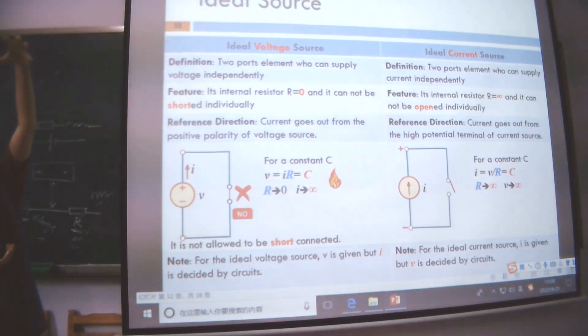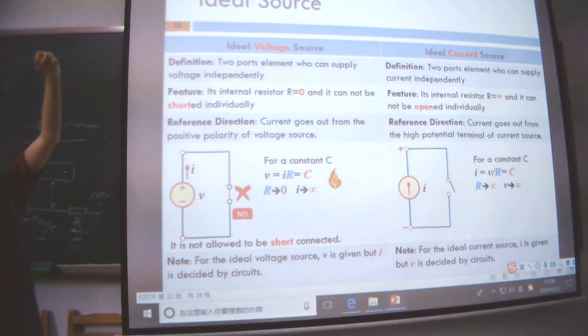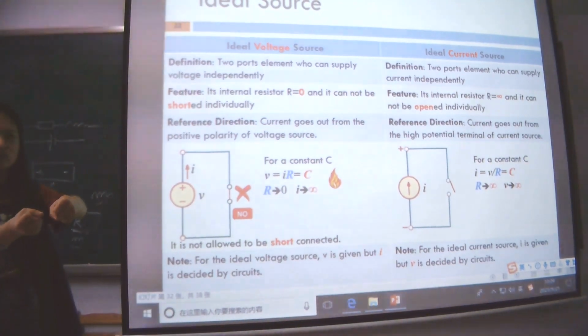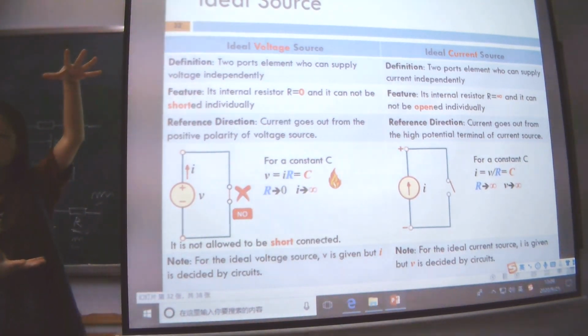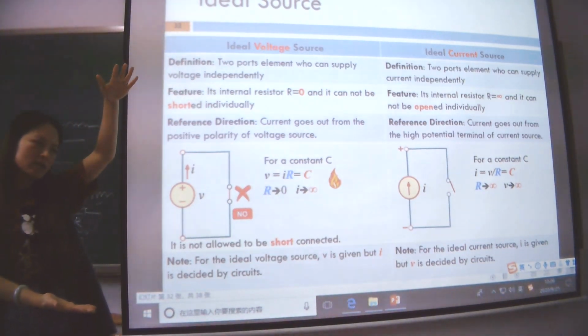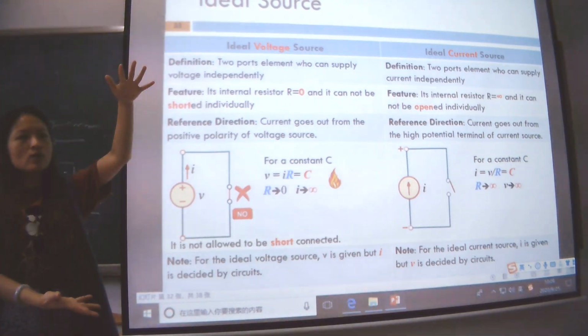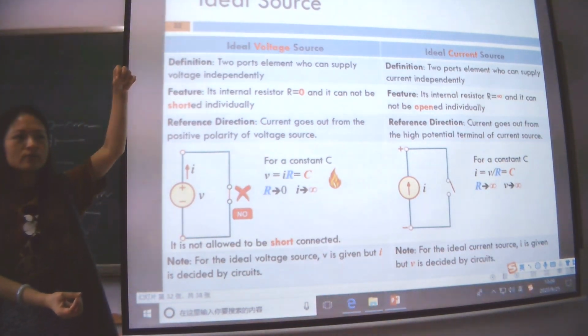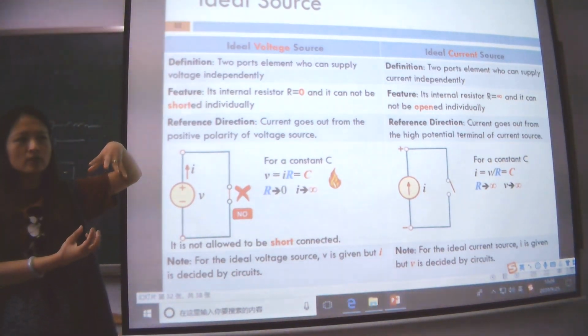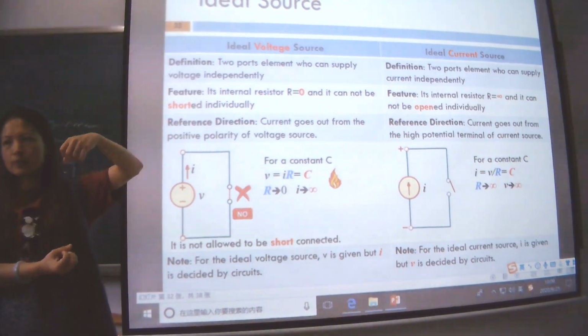When the air is, I don't know how to say it in English, in Chinese it's 击穿, to break down. If the voltage is very high, if the potential difference is very high, we say the material will break down.